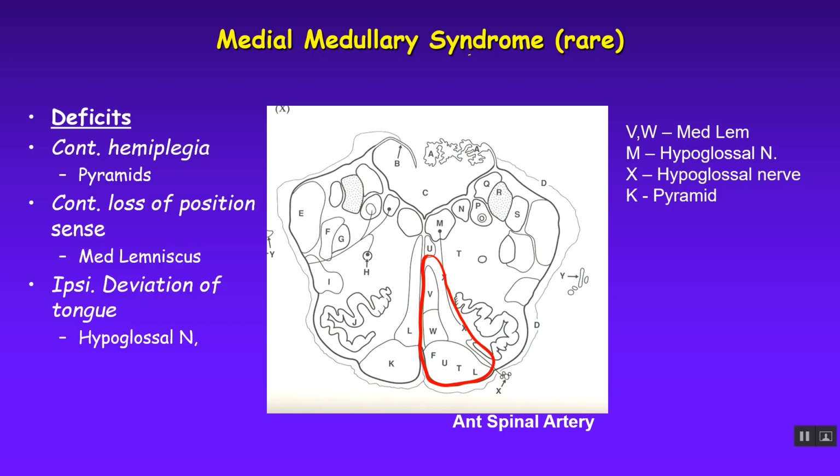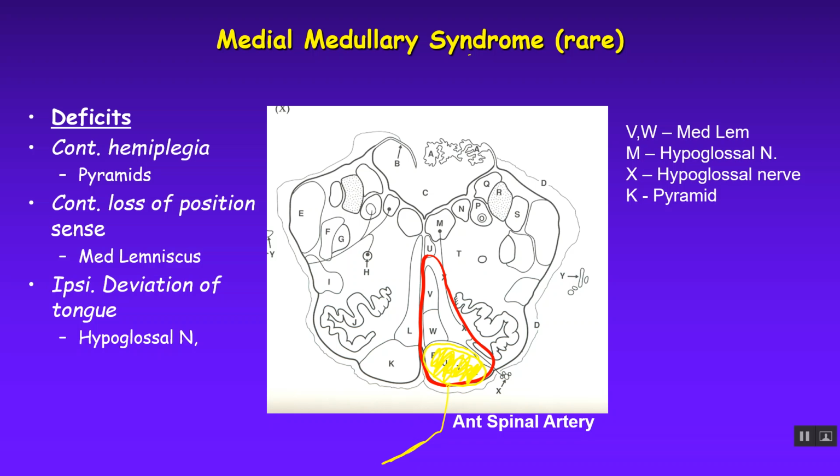This happens in the medulla, and what you'll tend to see with this is contralateral hemiplegia, because you've damaged the pyramid, the pyramidal tracts, the corticospinal tract fibers running down. The damage typically occurs before the crossing, the decussation of the pyramids, because that's going to happen lower down.